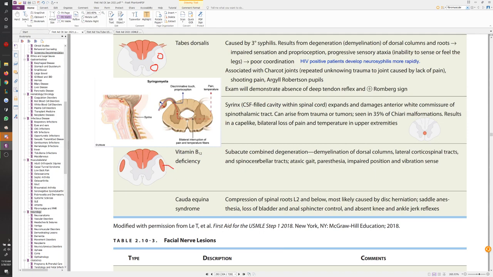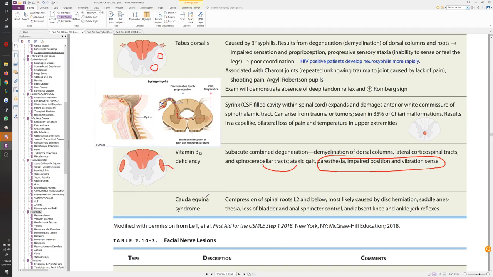And then spinocerebellar tracts are going to get messed up, which is going to cause ataxia. Paresthesia, impaired position and vibration. The ataxia is due to the spinocerebellar tract. Paresthesia and impaired position and all these sensation things are your dorsal column. Corticospinal tract getting messed up is going to cause them to not really be able to have much muscular movement.